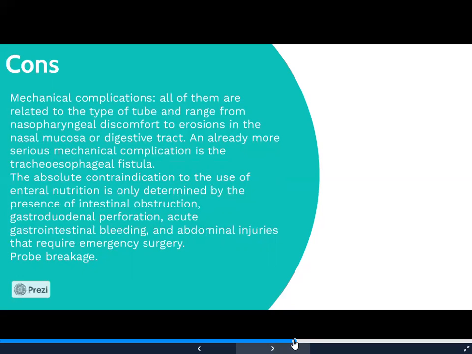The absolute contraindication to the use of enteral nutrition is determined only by the presence of intestinal obstruction, gastroduodenal perforation, acute gastrointestinal bleeding, and abdominal injuries that require emergent surgery.